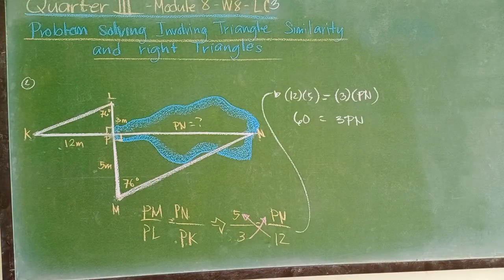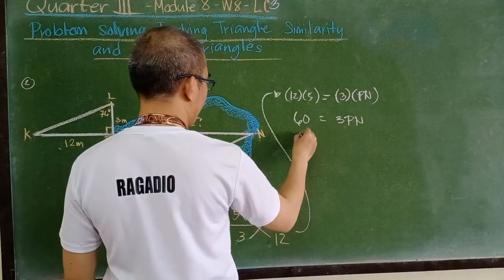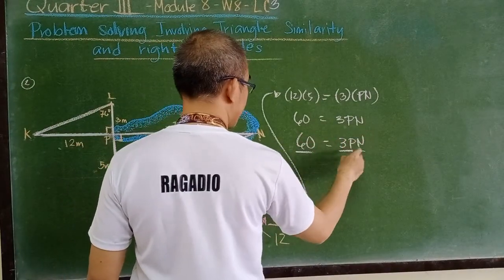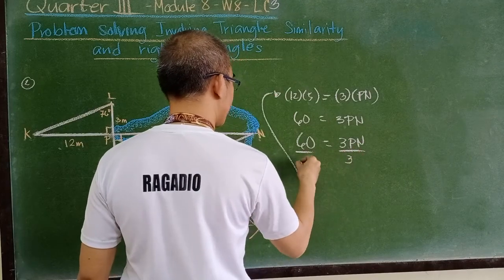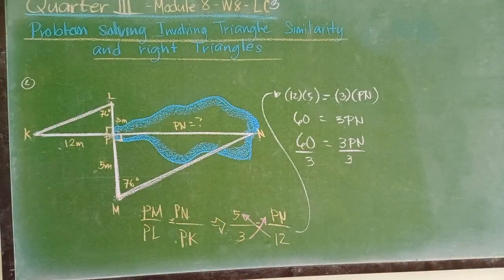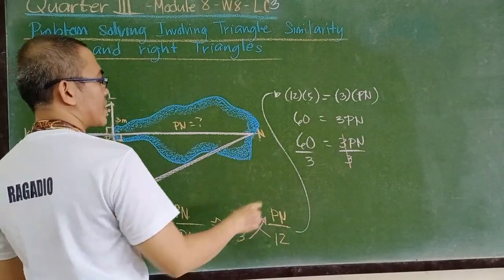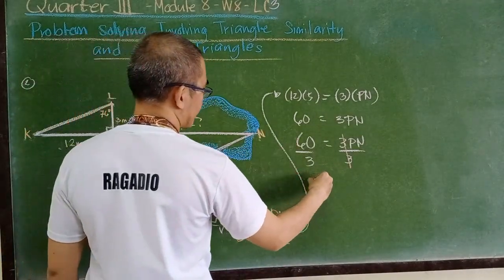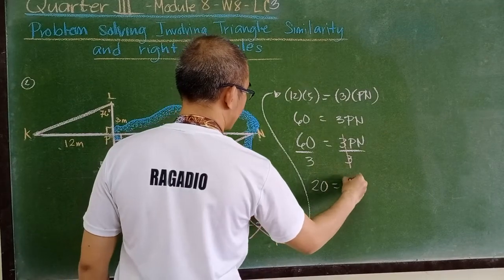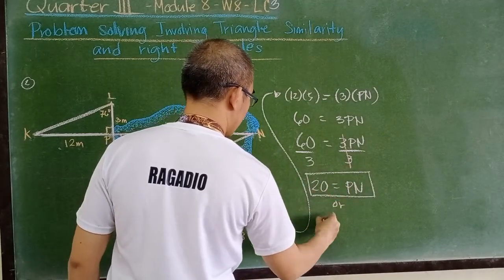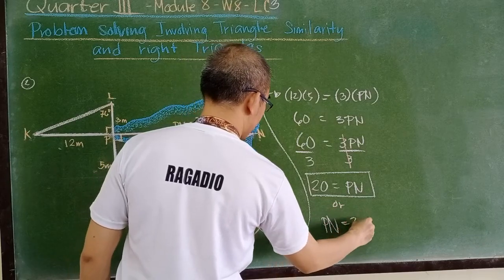Next. So, paano matatanggal yung 3? You will divide both sides by 3 kasi yung Pn lang yung kailangan natin. So, cancel. So, 60 divided by 3, that is 20. Pn is equal to 20.